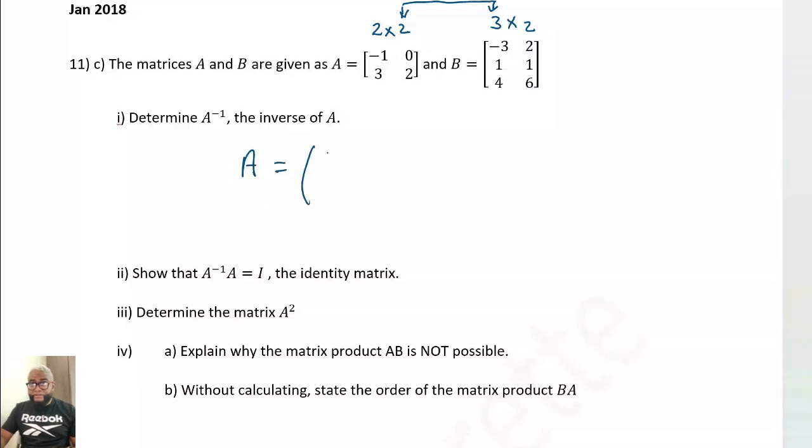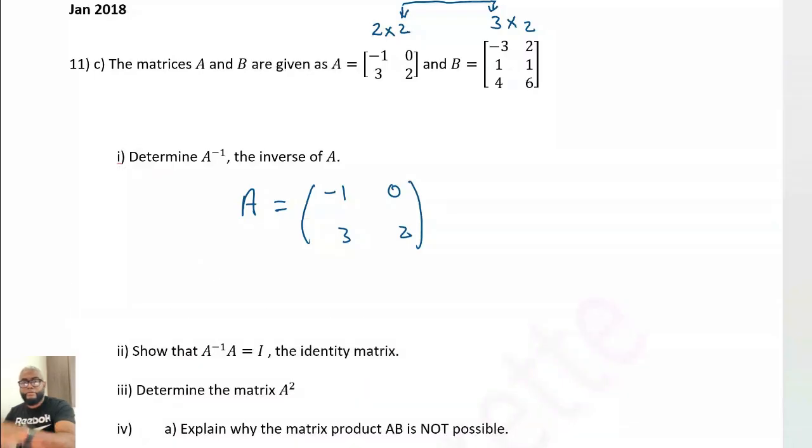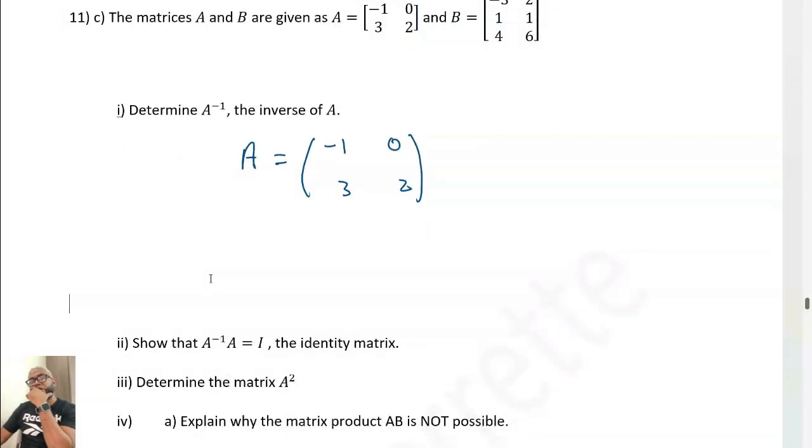So I'm just writing what A is here for you all: -1, 0, 3, 2. I'm giving you all a chance to try. Write your formulas. I will start off the formula for you.